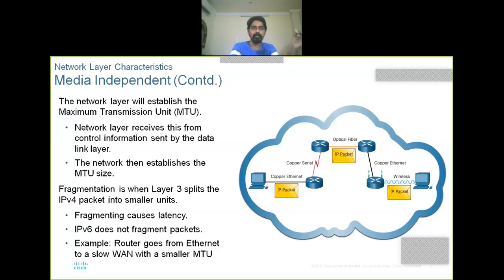Next, same figure. Same thing with IPv4 and IPv6, but the network layer has a unit called the maximum transmission unit, MTU. Keep in mind this one, MTU. Why? Because different media have different frame sizes. We learned earlier that jumbo frames differ for different media. One NIC supports 1000 bytes, another NIC supports 500 bytes.